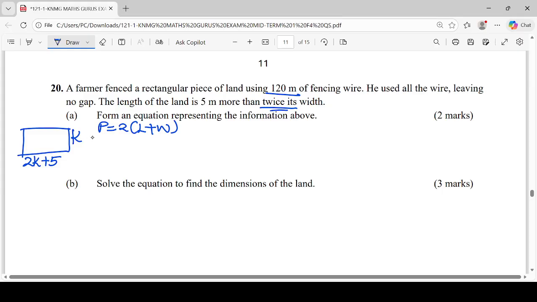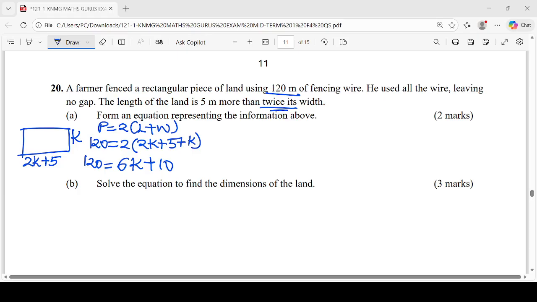So the perimeter, which is 120, is equal to 2 into the length, 2K plus 5, plus the width, which is K. So 120 is equal to 2 times 3K plus 5, which gives 6K plus 10. So we have 6K plus 10 is equal to 120 as the equation.